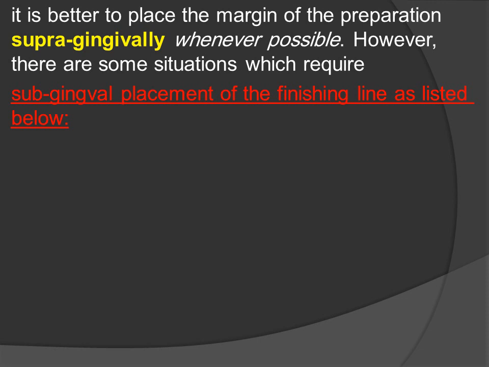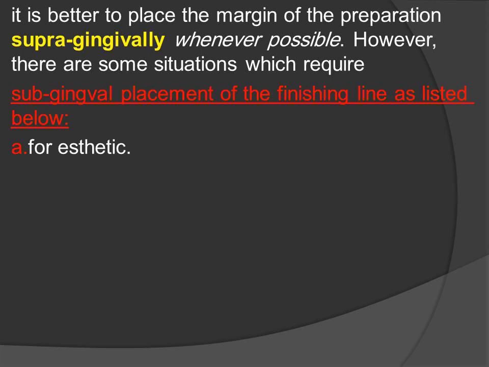So, for the reasons formerly mentioned, it is better to place the margin of the preparation supragingivally whenever possible. But there are some situations which require the placement of the finishing line subgingivally, such as: first, when aesthetics is important.